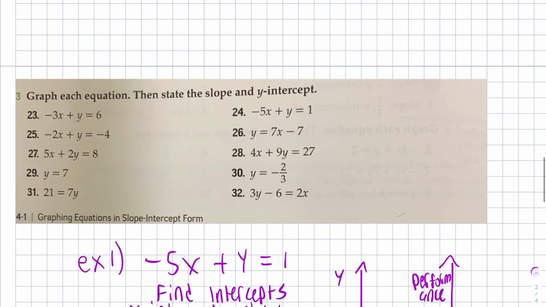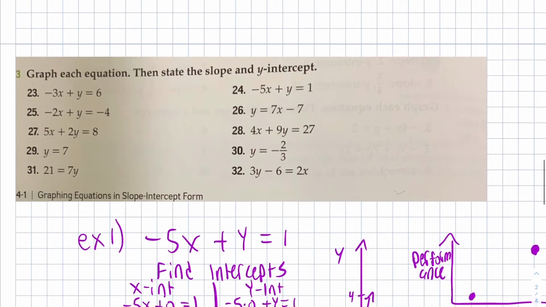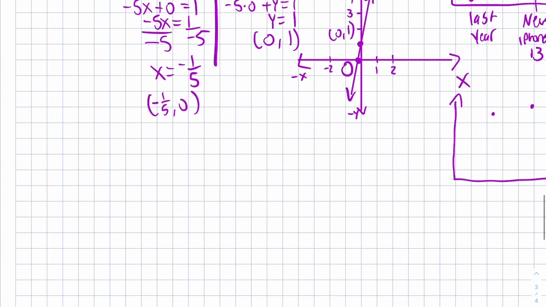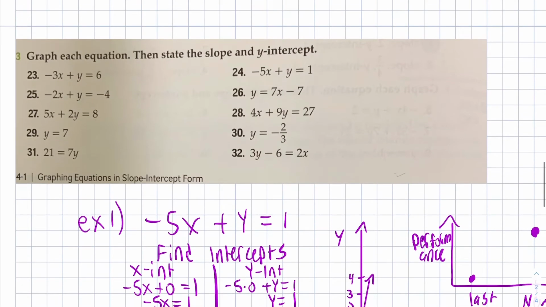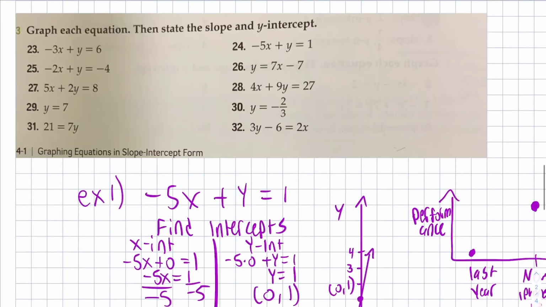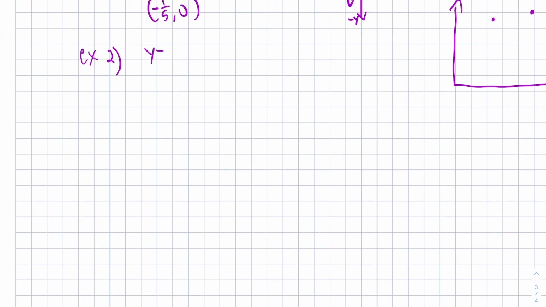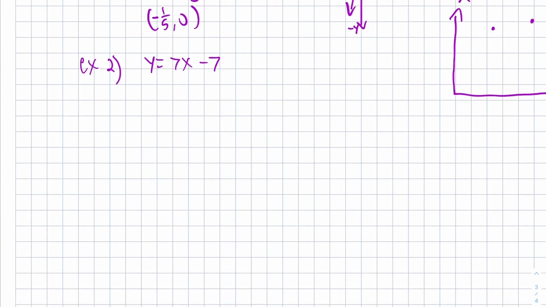Let's do another example. We'll do 26 and 29. 26 is y equals 7x minus 7. Yes, we could graph this just the way that it is in slope-intercept form, but we're going to change it.